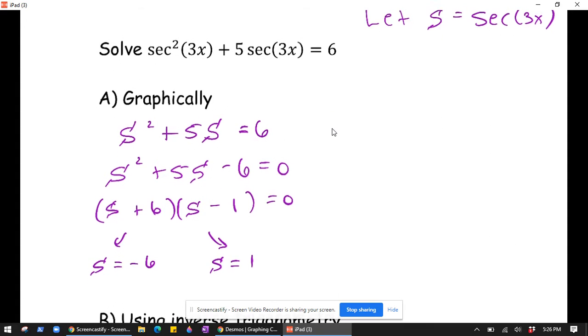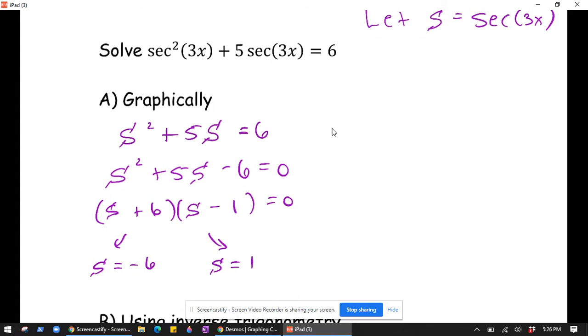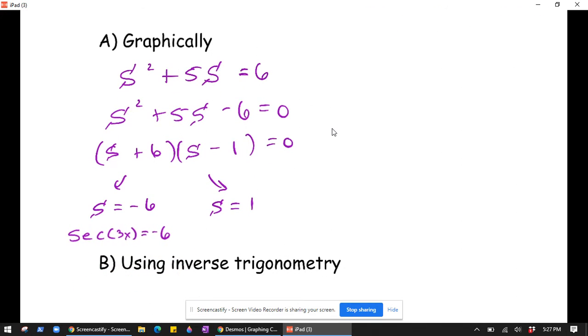And we remind ourselves that S was really just a stand-in for secant of 3x. So this means secant of 3x is equal to negative 6, and secant of 3x is equal to 1.